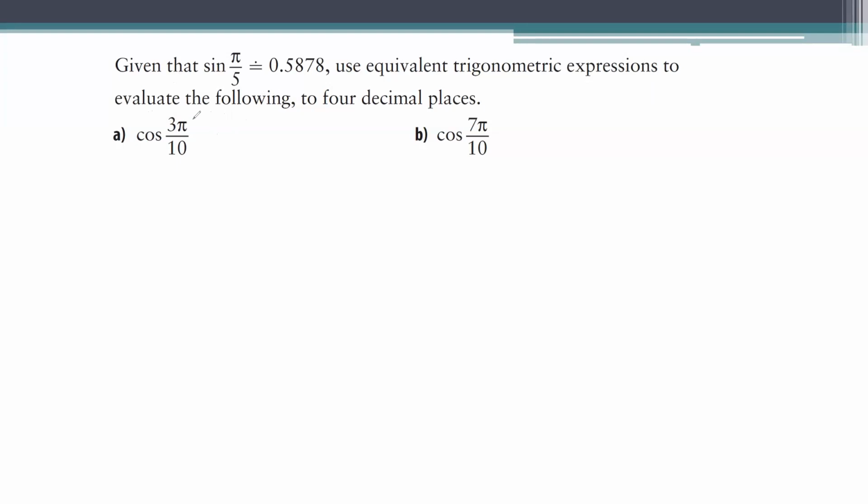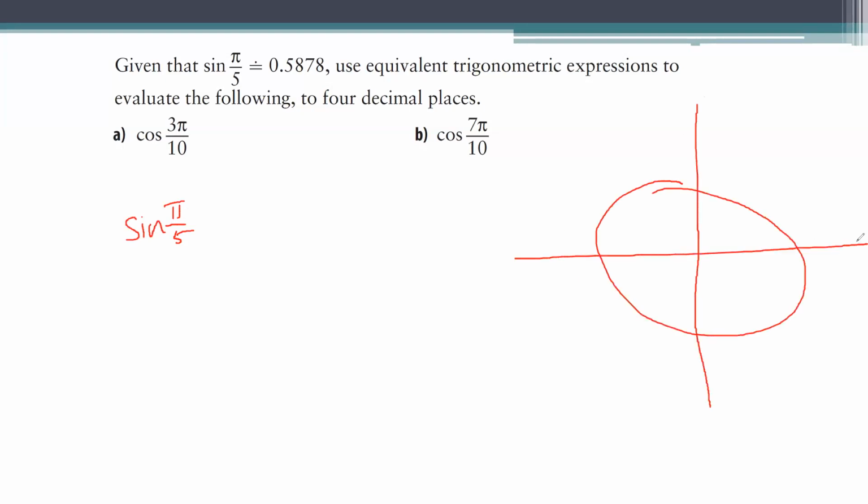Okay. So let's take a look at it. Sine pi over 5. Let's sketch a unit circle real quick and take a look. Pi over 5 is somewhere here. It's in the first quadrant, right? This is our pi over 5. And we're looking for the sine value at pi over 5. And there is a cosine 3 pi over 10.